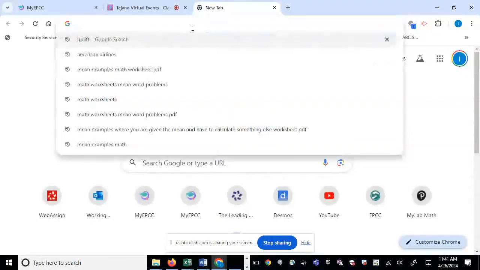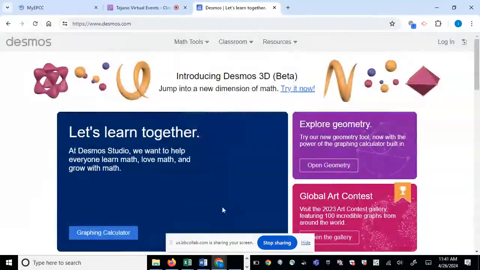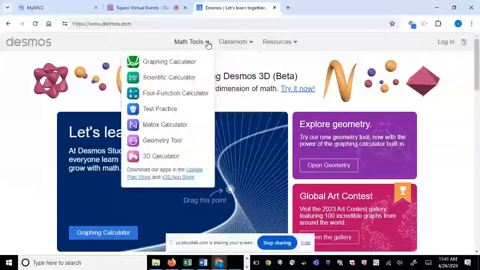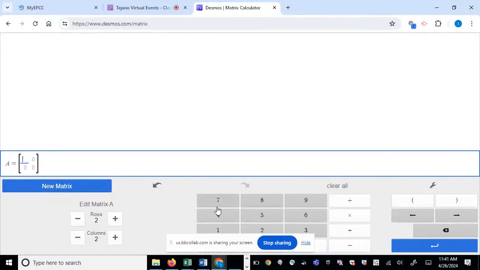If you don't have a calculator, but they let you use the app for decimals, then this one will also work, or if you just want to check your work, you can go to Math Tools, Matrix Calculator, click on New Matrix, and let me just put in some numbers here.